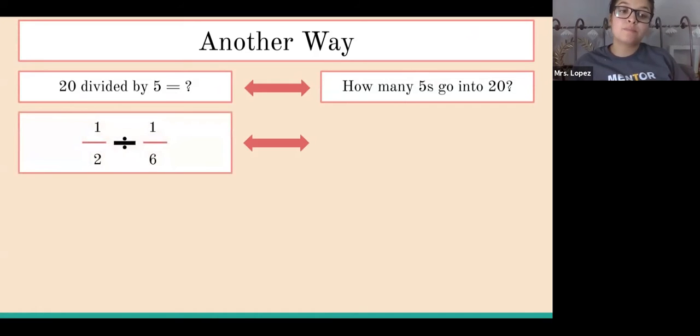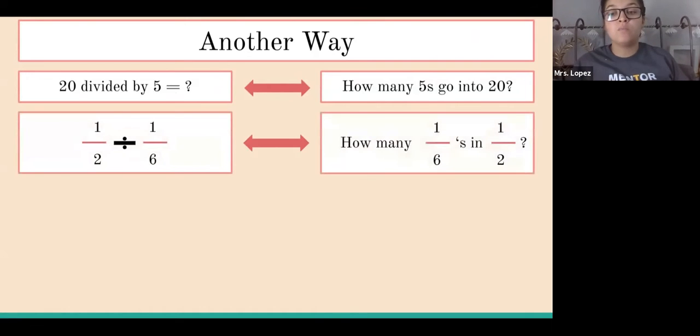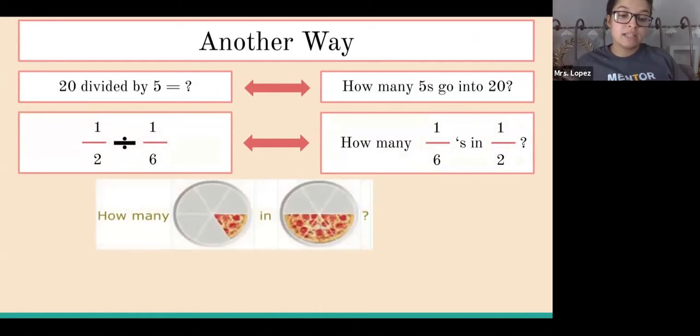So looking at this problem again, we have 1/2 divided by 1/6. You're basically seeing it as how many 1/6 go into 1/2 evenly. So now we're going to look at these pizzas. We're going to see how many 1/6 slices there are: there's 1/6 of the whole pizza because it's cut into 6 slices and there's only one, compared to half of the pizza.